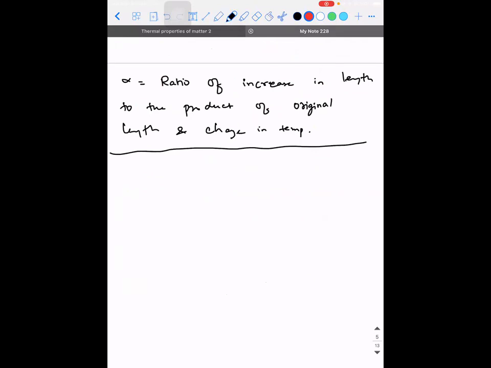So we have seen what is the coefficient of linear expansion. So what are the other two types of expansions I told you? One is superficial expansion or cubical. Superficial expansion, which is nothing but increase in area, right?